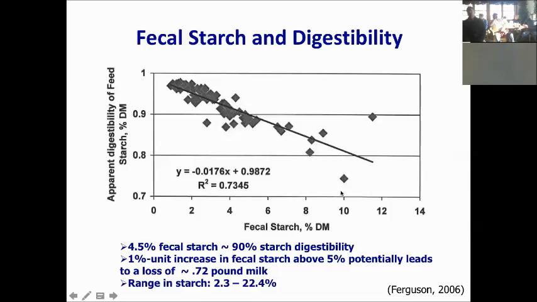That's a significant amount of milk that we could be losing, because if you've got starch in the feces, it's obviously not being digested, not being fermented or enzymatically digested and going to energy and milk for the cow.